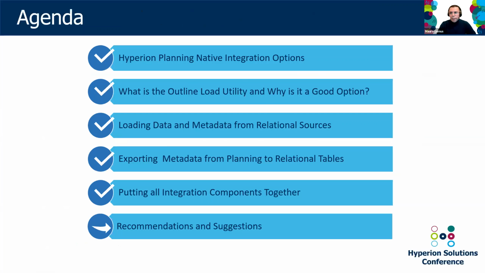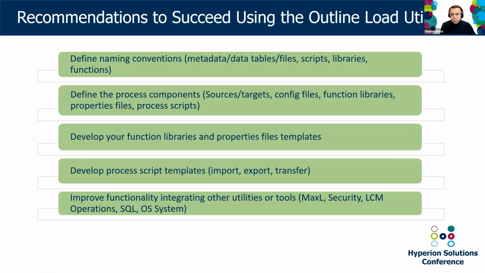All right, so right now we saw how we define sources, targets, how we define mappings, and how we encapsulate the outline load utility to create a nice and really self-explanatory script that is easy to maintain and easy to create. So now let's go over some suggestions for you in order to succeed with your deployment or your integrations using the outline load utility.